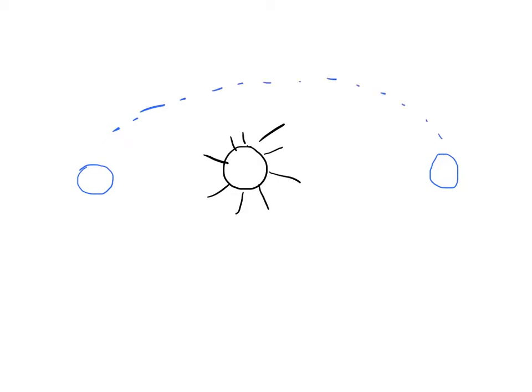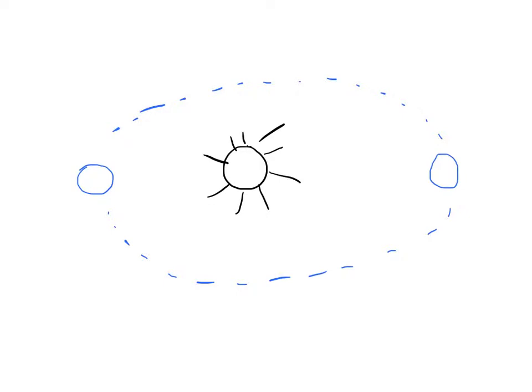Okay, so here's a blank page, and I want to draw a picture of the sun. So there's your sun. And now we need the Earth. Sorry, I'm a terrible drawer.